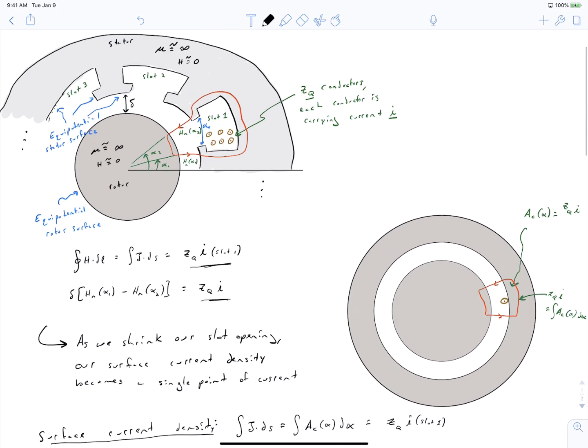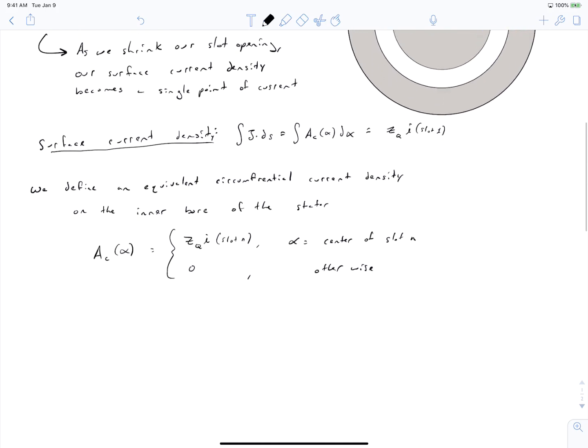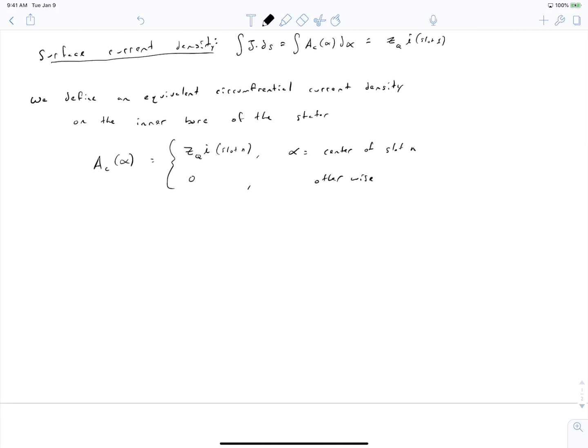So our circumferential current is going to be 0 all along up here, and then all of a sudden, when we're at the center of a slot, it's going to have the value of the total number of ampere turns in that slot. And why do we do this? Well, again, we do this because it ends up being a useful tool for studying the fields created by a complex winding.